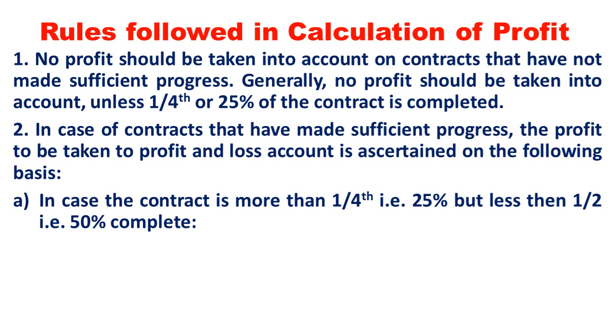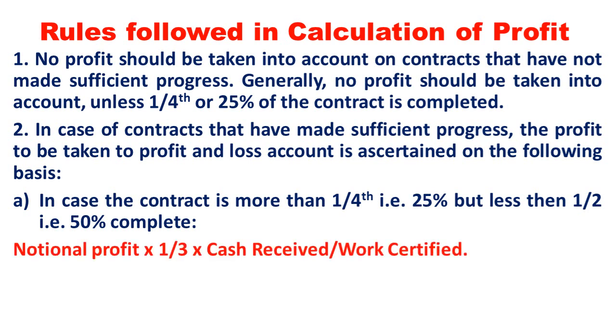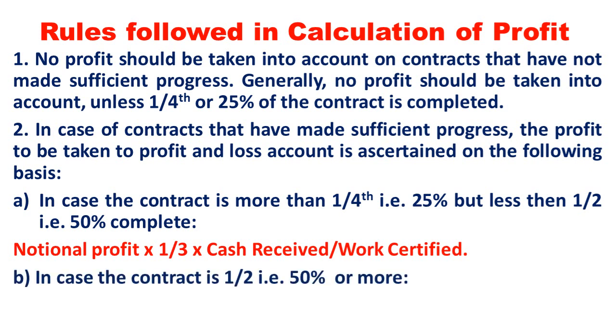If it is completed up to 1/4, no profit will be transferred. It is more than 1/4, 25%, and less than half. In such a case, the formula of profit is notional profit into 1/3 into cash received by work certified. This is the formula we apply to calculate the profit.